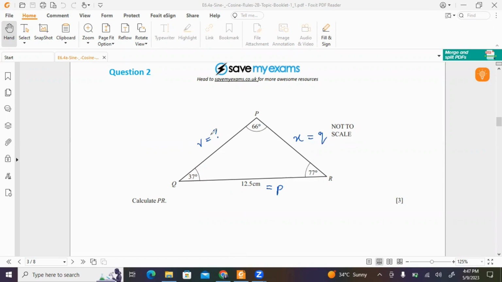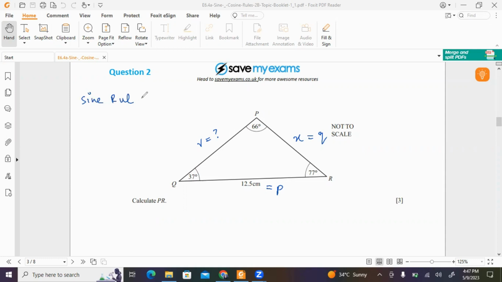If you remember from the previous video, when we have one complete set of angle and length, it means we can apply the sine rule. Because for the cosine rule, we either need all three lengths or we need two lengths and the angle between them. Since this does not fall under the condition for the cosine rule formula, we automatically go to the sine rule.